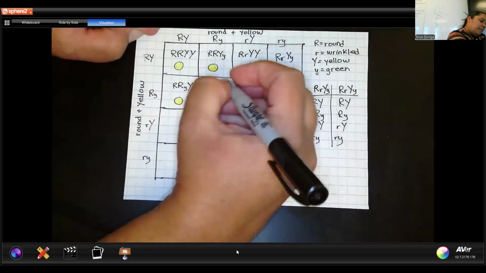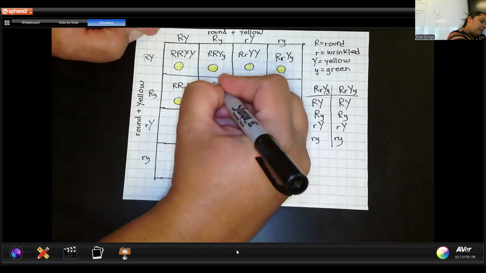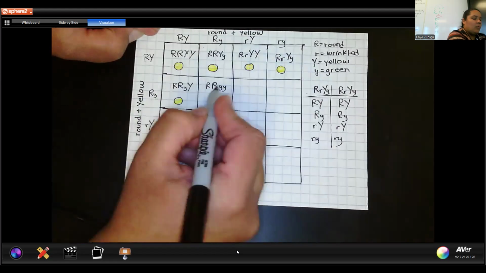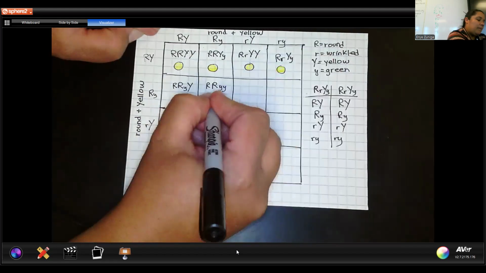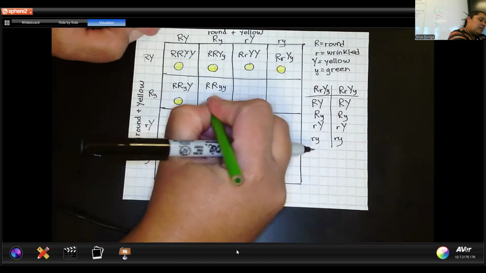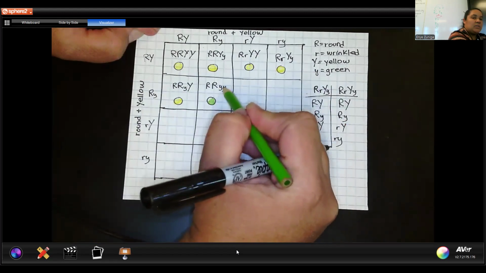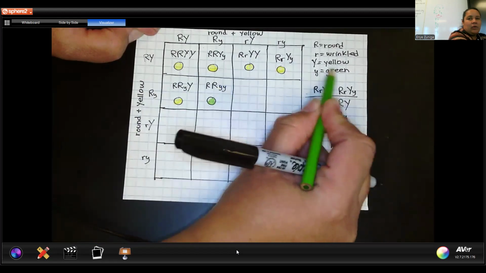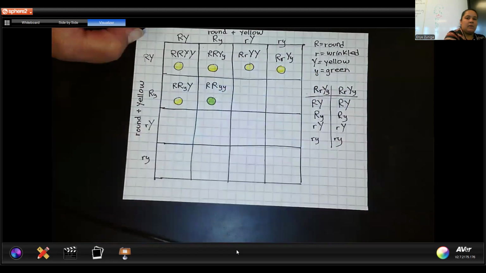And the next one, capital R. As long as we have one capital R, it's round. But this seed is not yellow. This seed is green because we have both lowercase recessive alleles that code for a green seed. Okay, so this is a green seed.